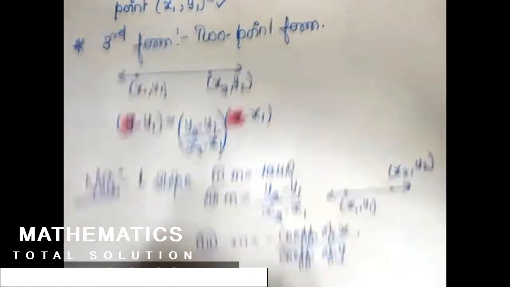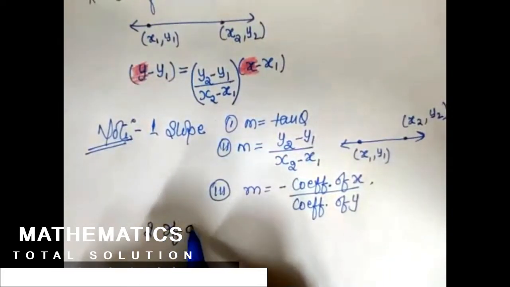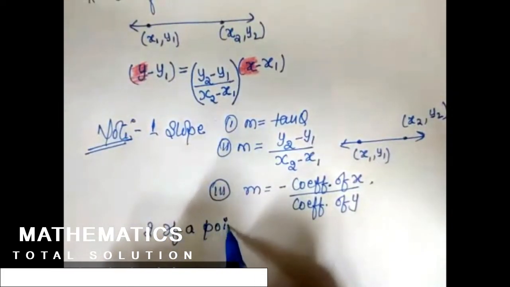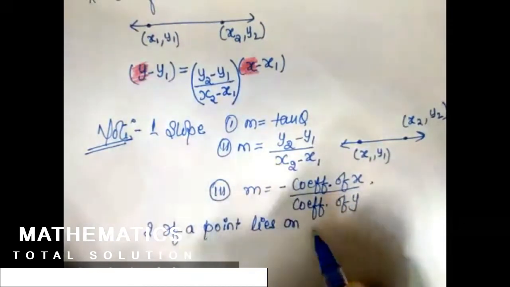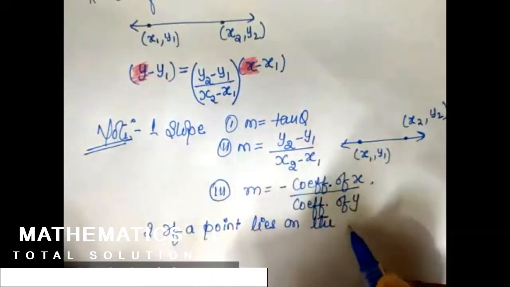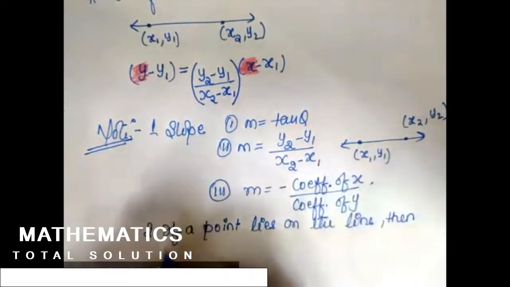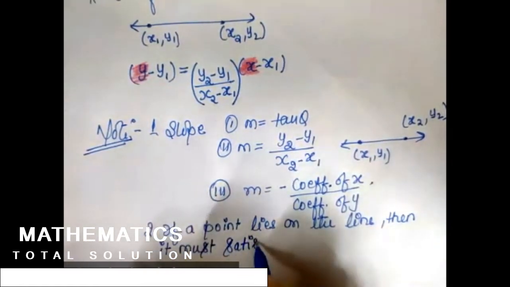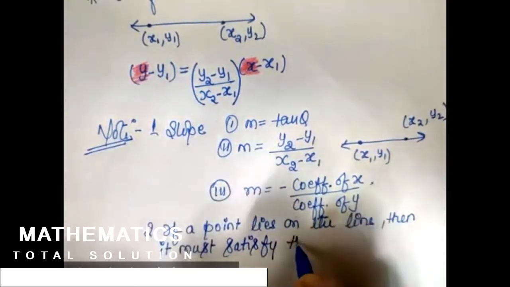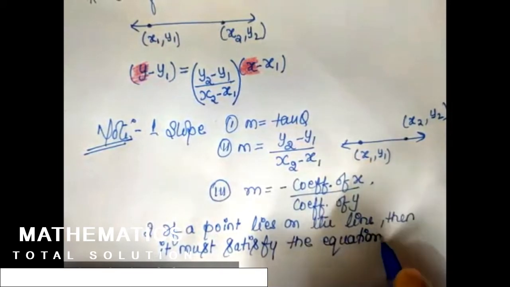Second point, beta. Second point is, write down, if a point lies on the line, then it must satisfy the equation of line.